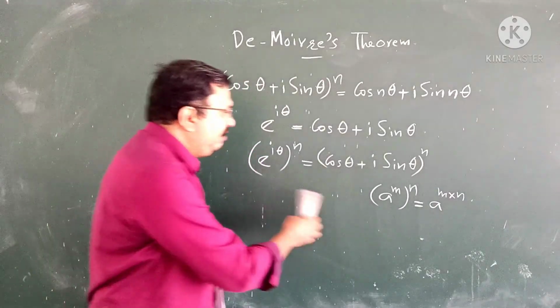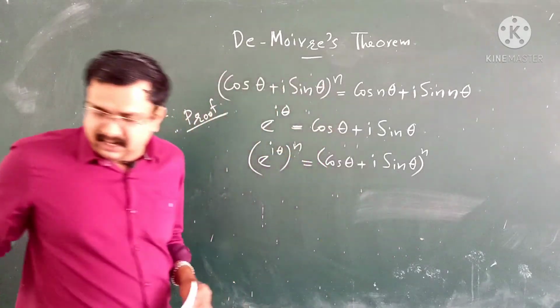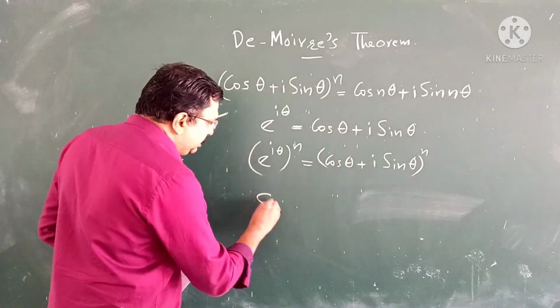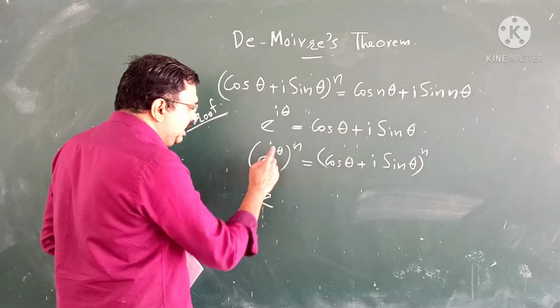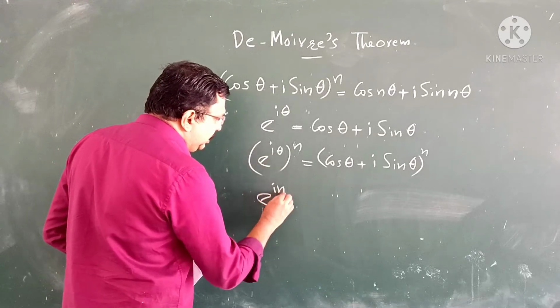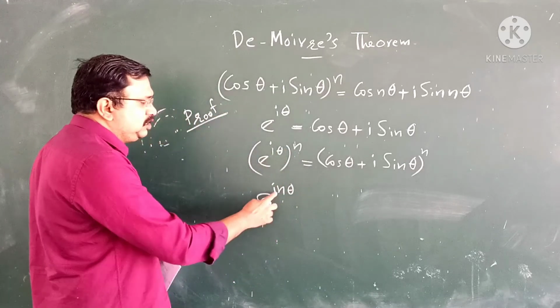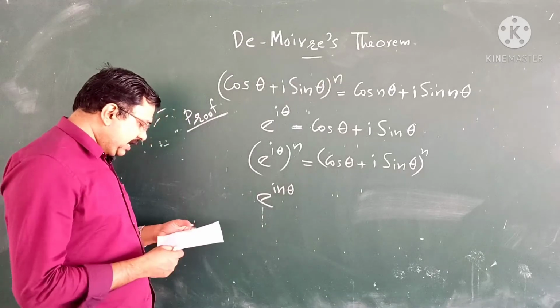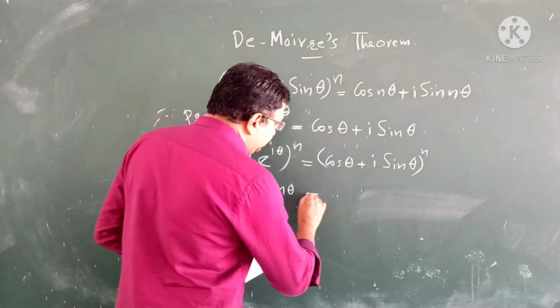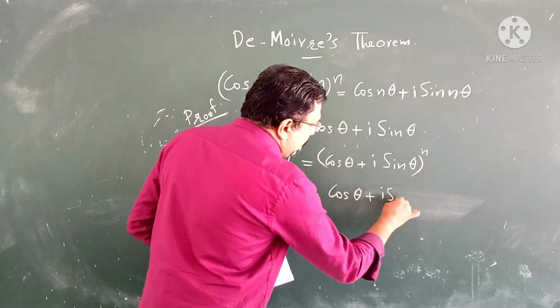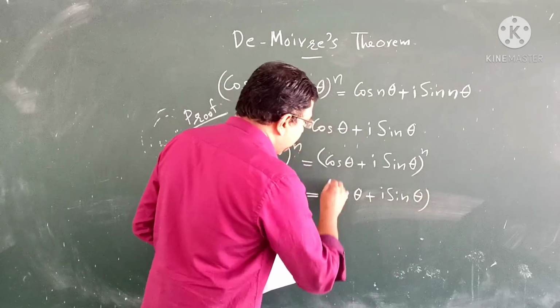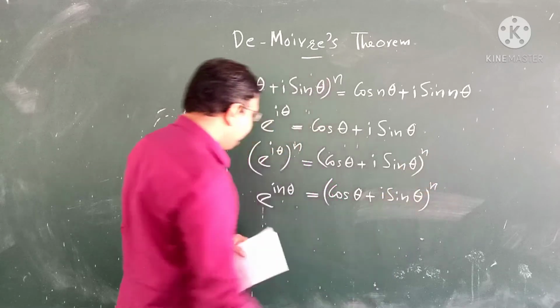Therefore, (e raised to i theta) the whole raised to n means e raised to i n theta, which is equal to (cos theta plus i sin theta) the whole raised to n.